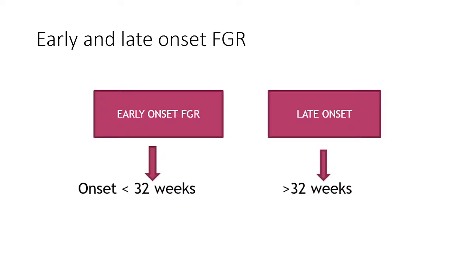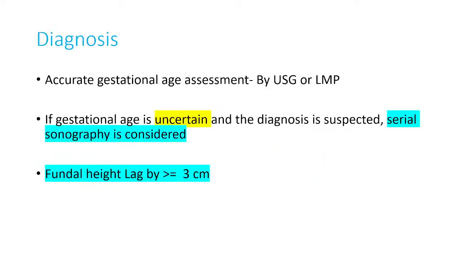It is taken as the cutoff because the etiology and the management of FGR before 32 weeks and after 32 weeks are different. Before 32 there are certain particular risk factors and causes which cause FGR, but after 32 there are certain other causes. I will tell you in detail. So, how to diagnose FGR?